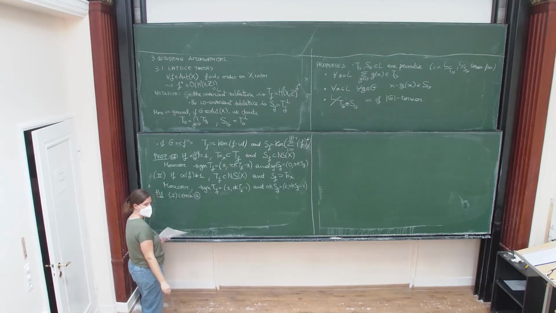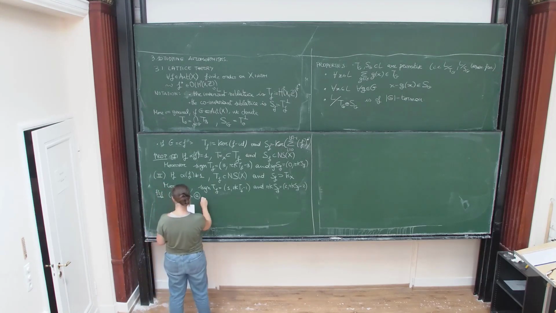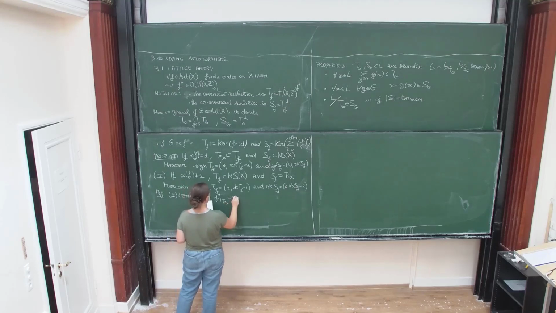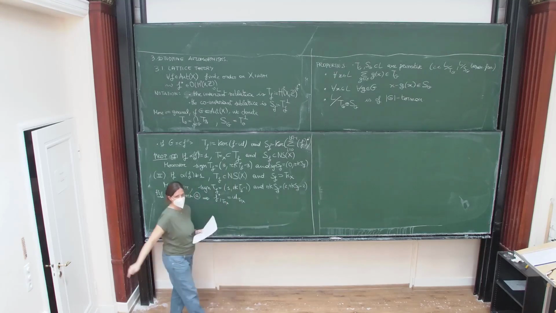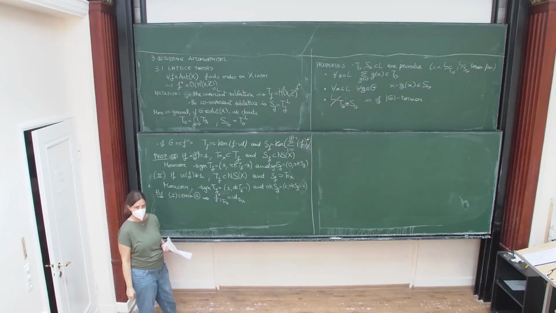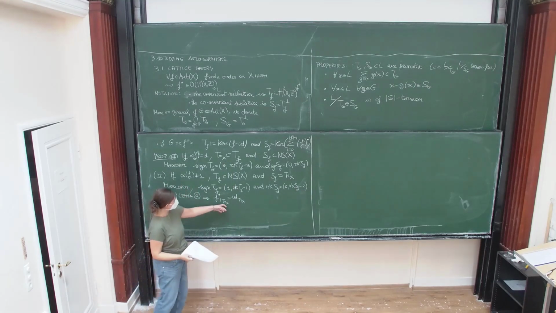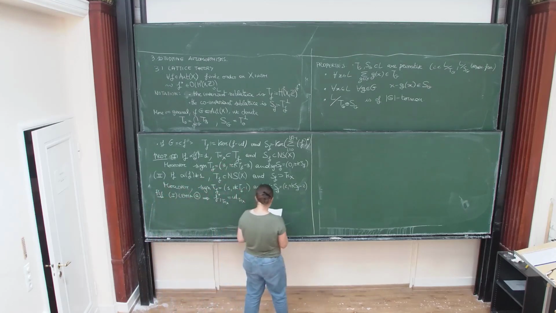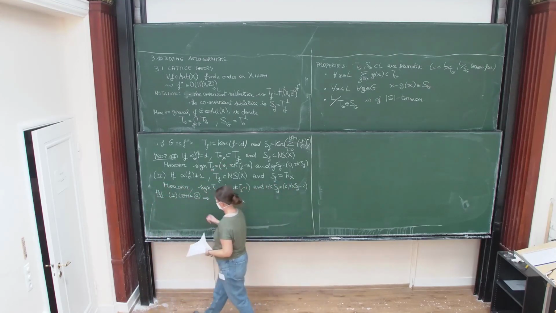So we know that f restricted to the transcendental lattice of X is the identity, which tells you that the transcendental lattice is contained in the invariant part.